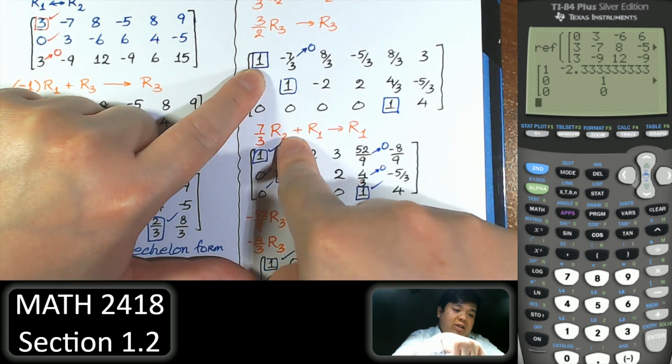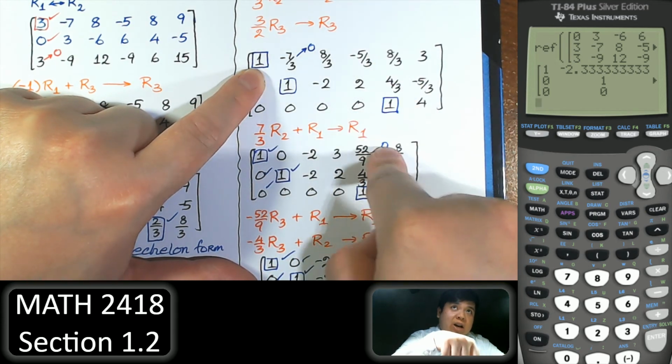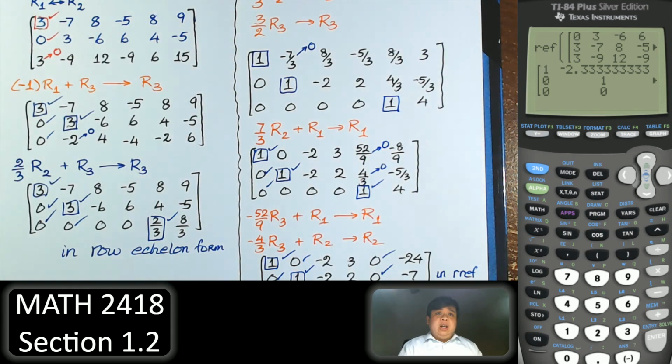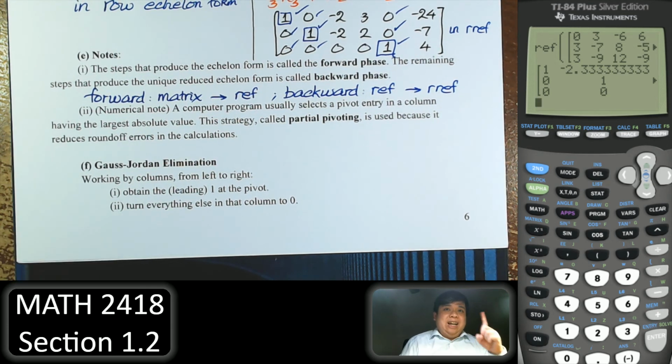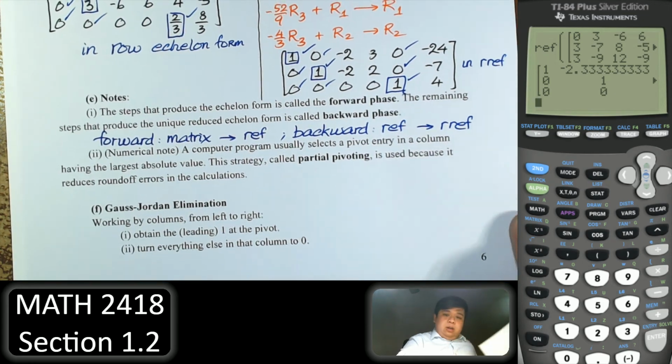Get the 1, turn everything to 0, get the 1, turn everything in that column to 0. We're done. So Gauss-Jordan elimination has only two things to consider: get the 1, the pivot entry, and based on that 1, eliminate everything in that column to 0.